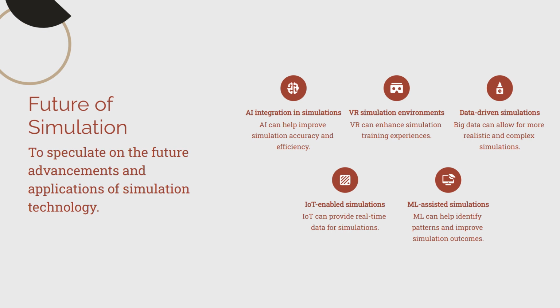More sophisticated models: as computer processing power and data storage capabilities increase, simulation models are likely to become more complex and realistic, allowing for more accurate prediction and insight. Increased use of virtual and augmented reality.